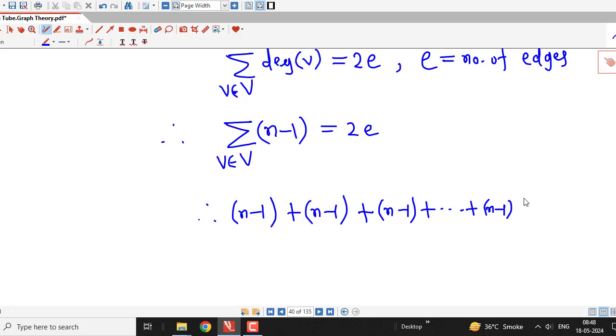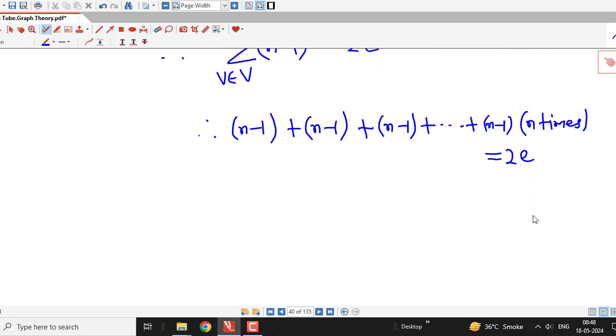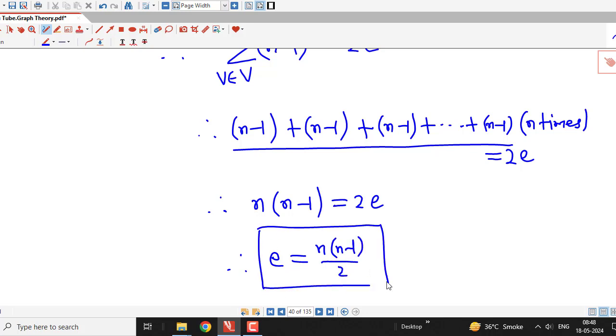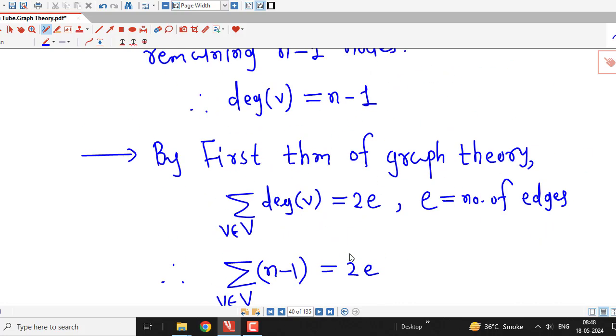We have n times n minus 1 in the summation, and that is equal to 2 into E. Therefore, E equals n into n minus 1 divided by 2. That means the number of edges in a complete graph Kn is n into n minus 1 by 2.